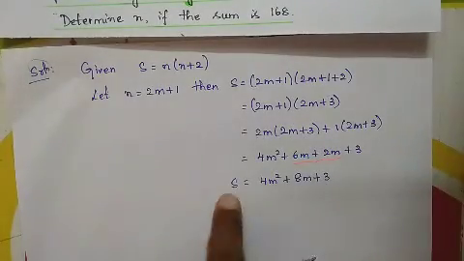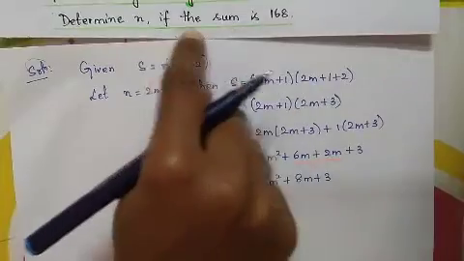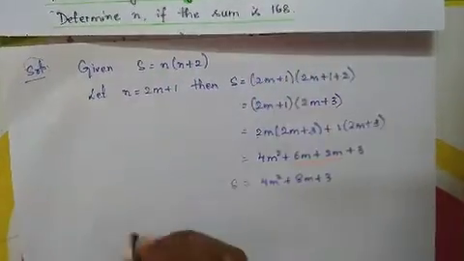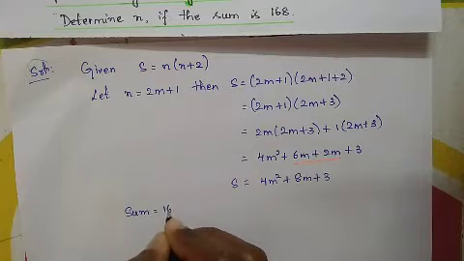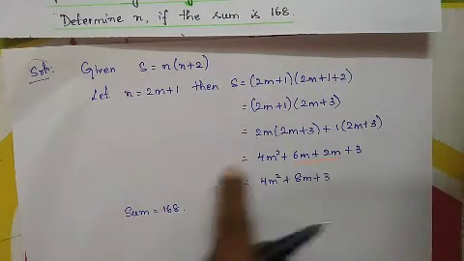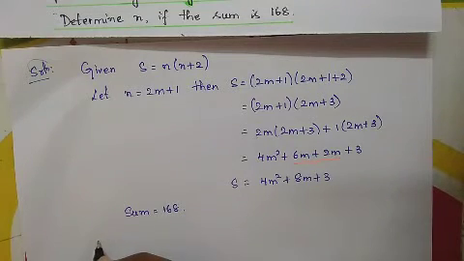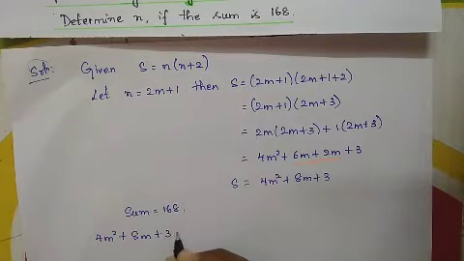This is S in terms of m. Now again in the data they said that the sum is 168. Sum is equal to 168. Now take this sum in this expression. We will get 4m square plus 8m plus 3 is equal to 168.